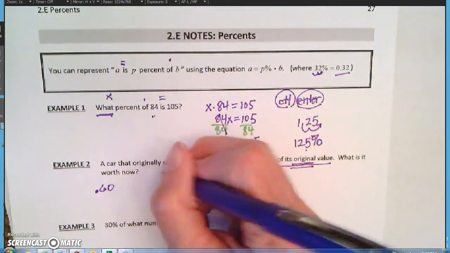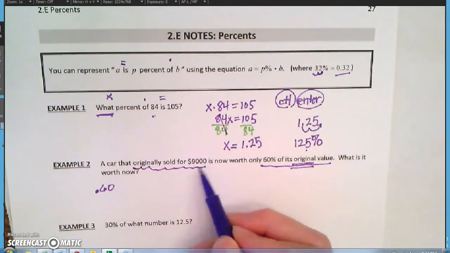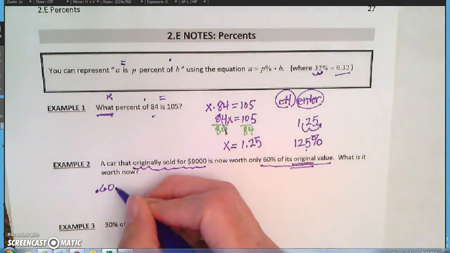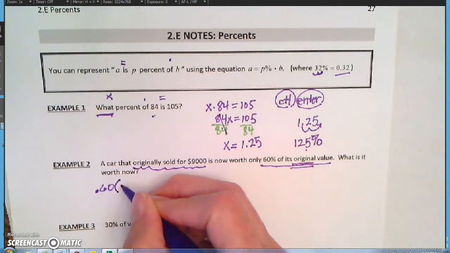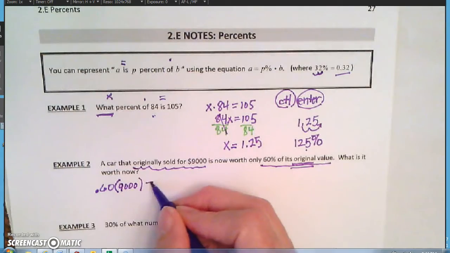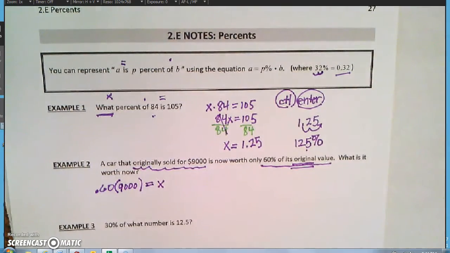Remember that we were given that it originally sold for $9,000, so 60% of its original value is going to be 0.60 times, and for my multiplication I'm going to use parentheses, 9,000, and that is what it's worth now. We'll call what it's worth now x, because that's what we don't know.